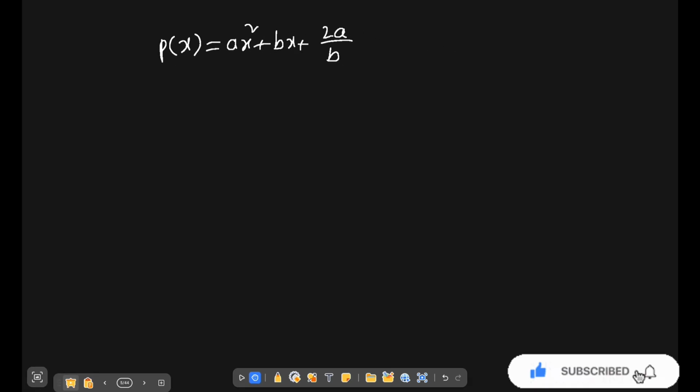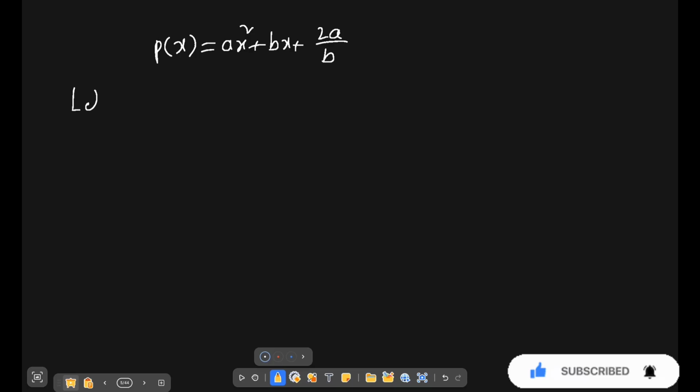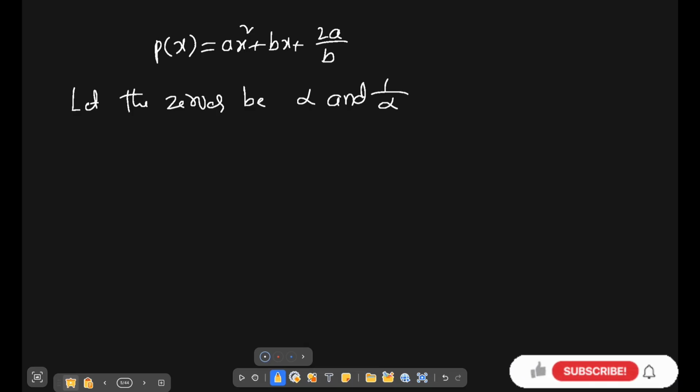The zeros are reciprocal of each other. Let the zeros be alpha and 1 by alpha, because they are reciprocal of each other. Now we know the product of zeros.